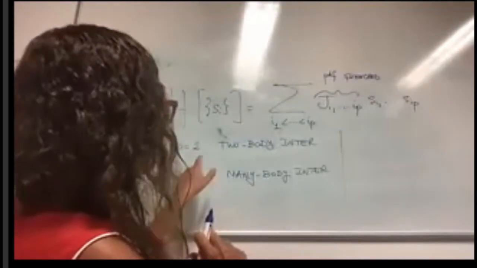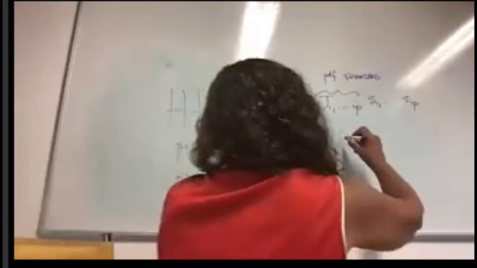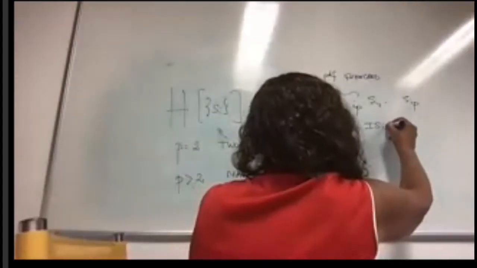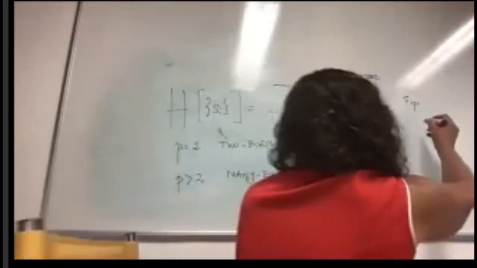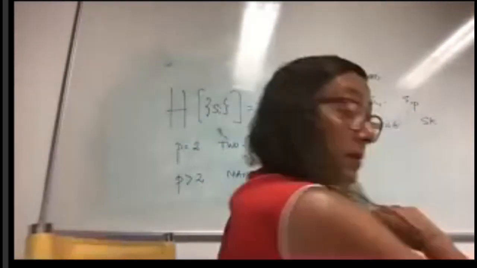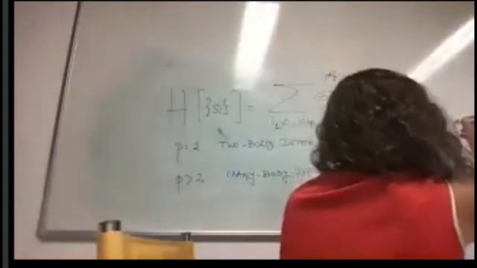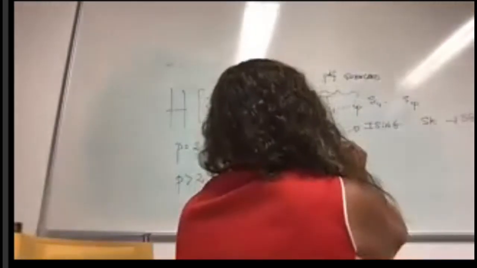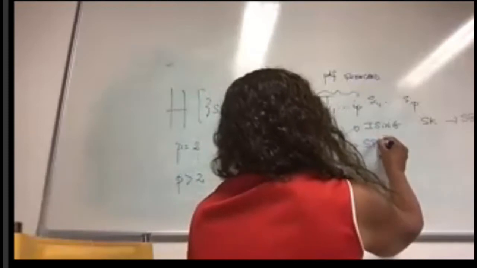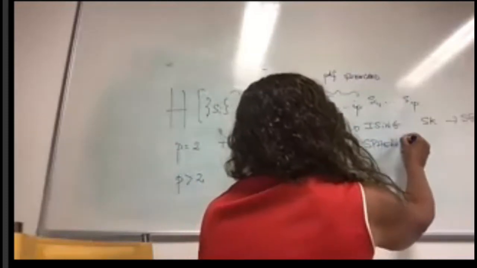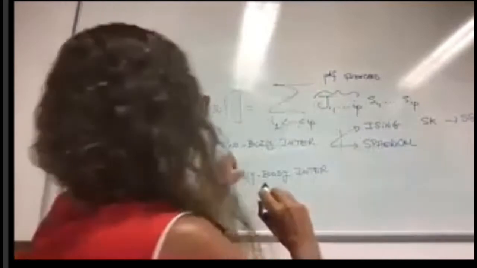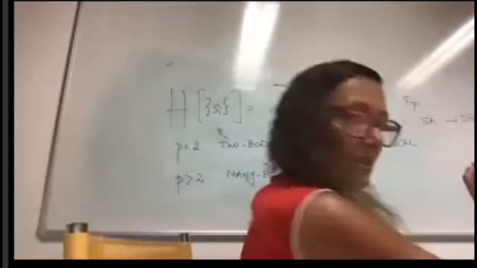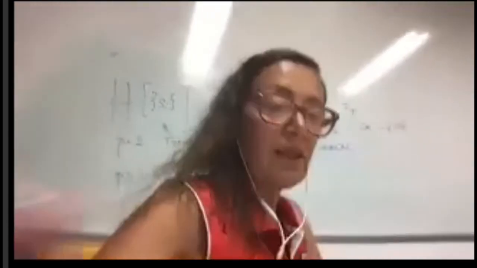And now what happens is that if you take P equals 2 and Ising spins, you have the Sherrington-Kirkpatrick model, which is a good model for spin glasses. If you take spherical spins and two-body interactions, you have the spherical SK model, called this way, or the P equals 2 model.